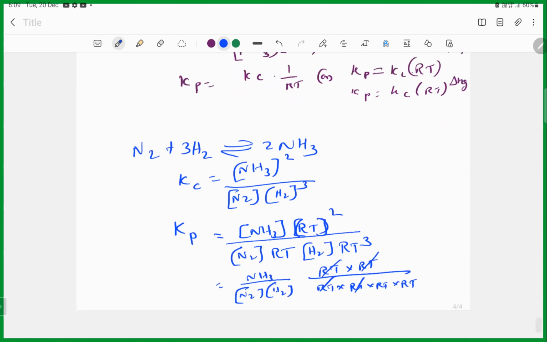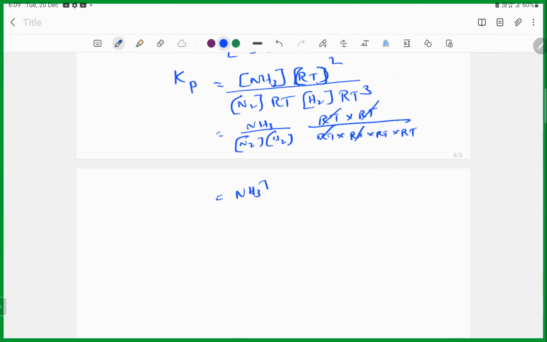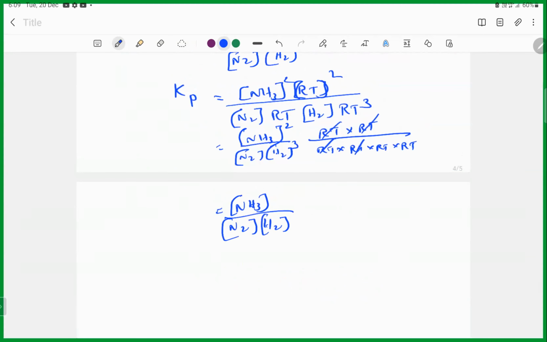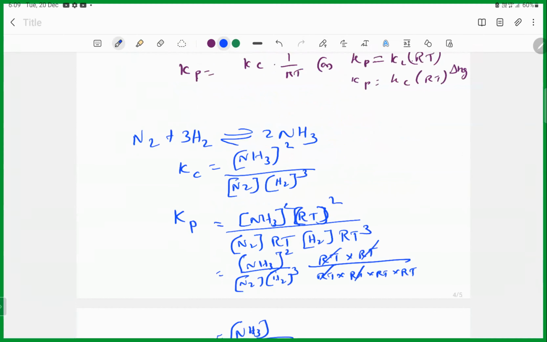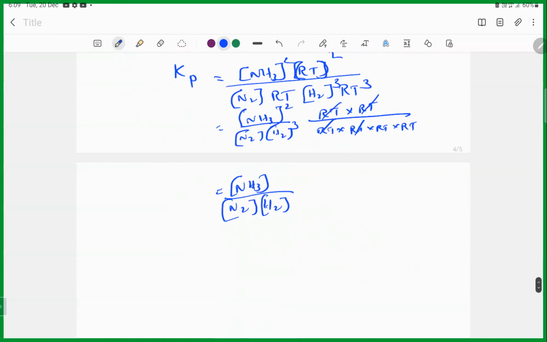You have RT power 2 minus 4, that is minus 2. So Kc into RT power minus 2.